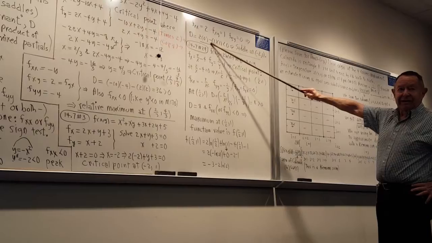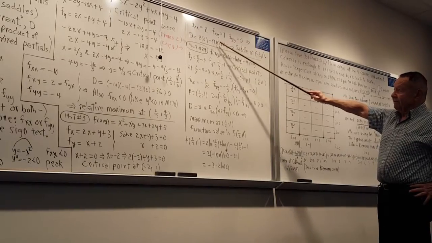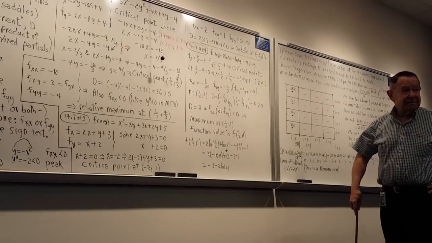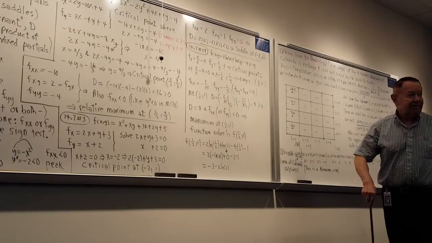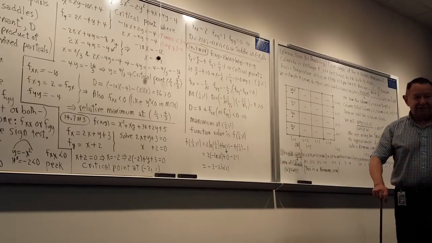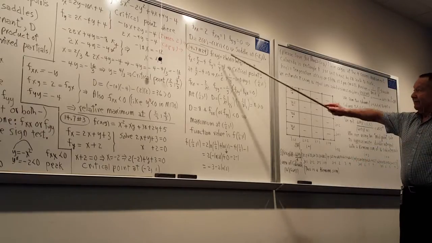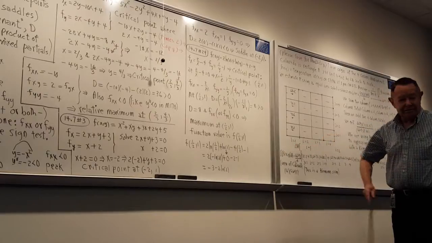So it's going to be negative, you see, because it's minus the product of two equal numbers. And the key is, if it's negative, it doesn't really matter what number it is, whether it's -1 or -4 or what. If it's negative, it's a saddle at your critical point.